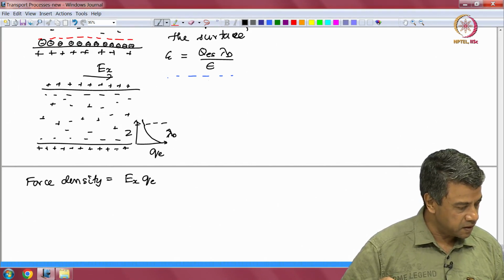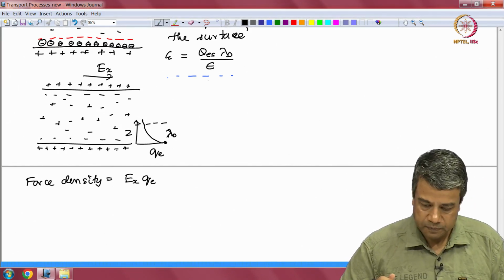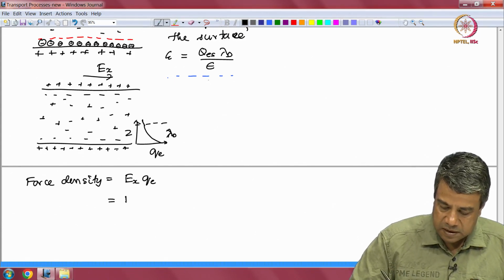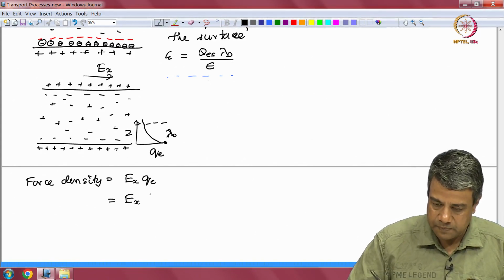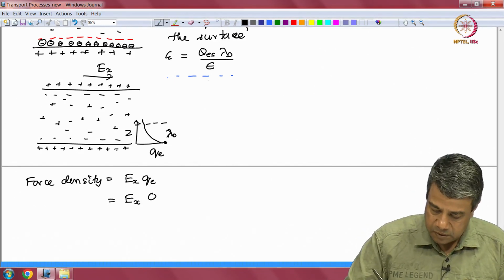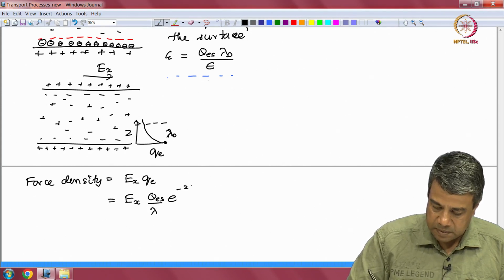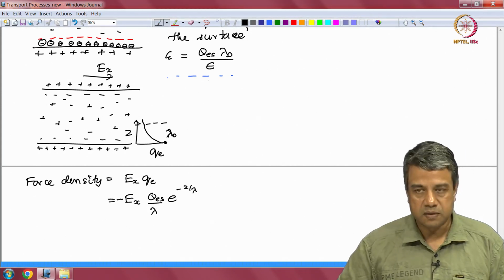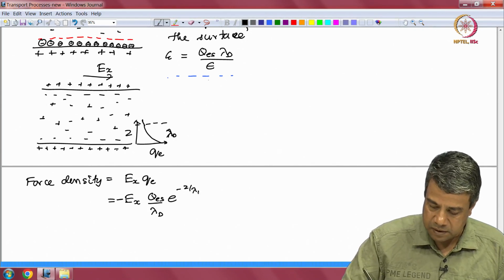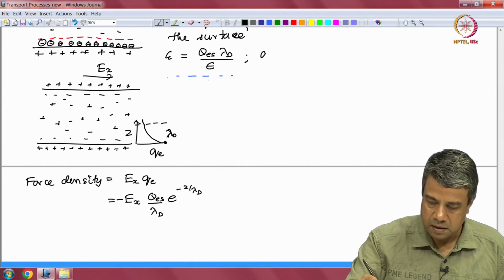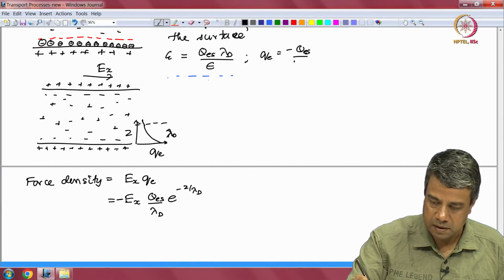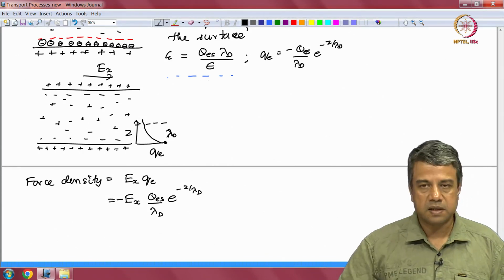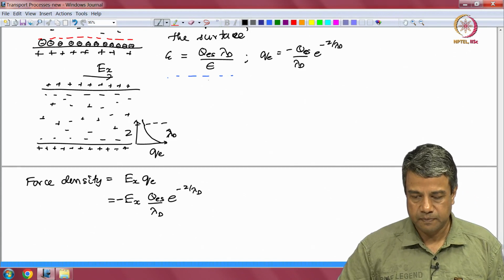So, there is an electrical force that is exerted, and this electrical force density is equal to E x into Q E s by lambda e power minus z by lambda, using the expression that we had for the charge density, that is Q e is equal to minus Q E s by lambda d e power minus z by lambda d, the exponentially decaying profile.